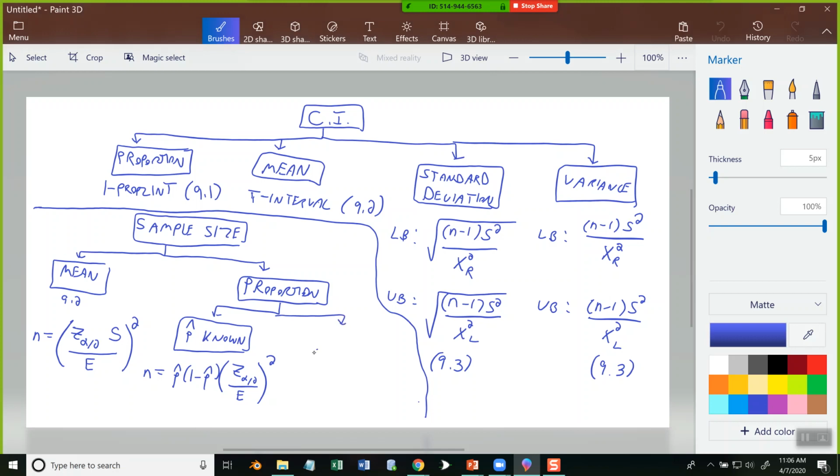And the other one is where p hat is not known. And that was n is equal to 0.25 times z alpha divided by 2 over e, squared.